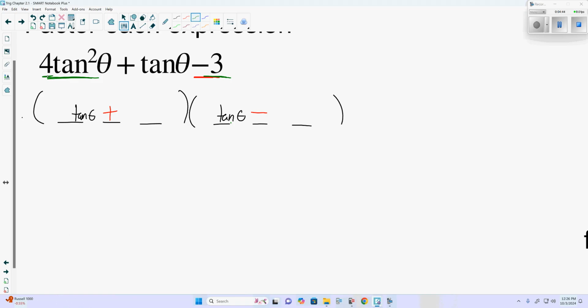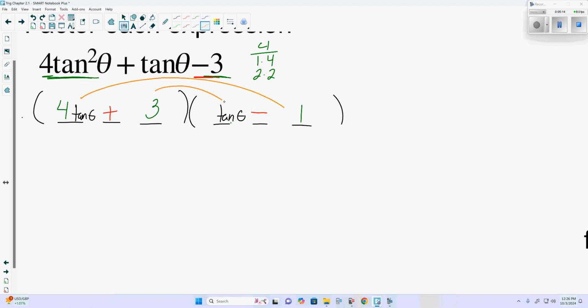Now the factors of 4 are 1 and 4 or 2 and 2. Which one do we want to try first? 1 and 4? I'll put the 4 here. Factors of 3 are 1 and 3. So where do we want to put the 3, and where do we want to put the 1? 3, 1.